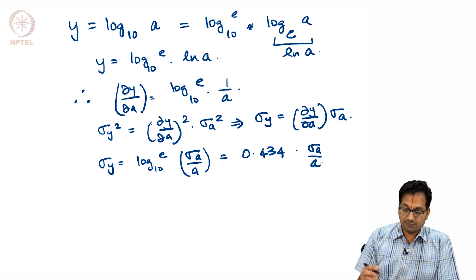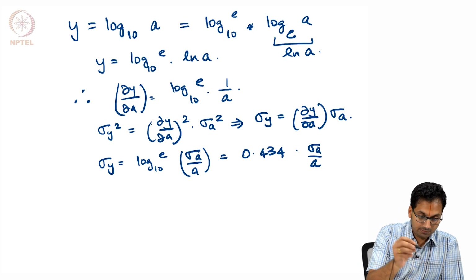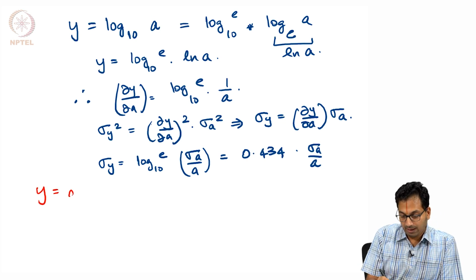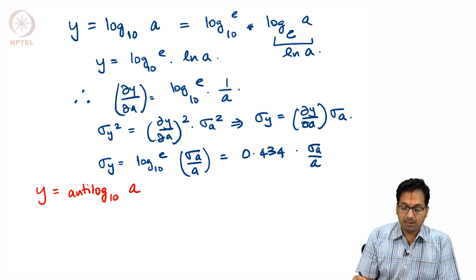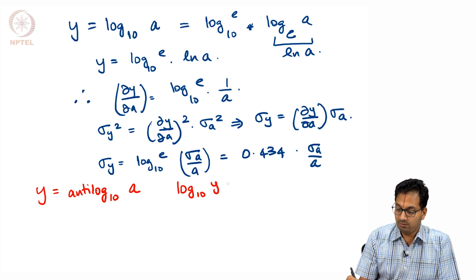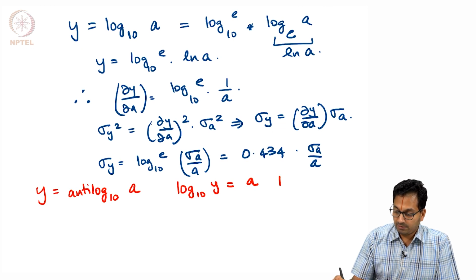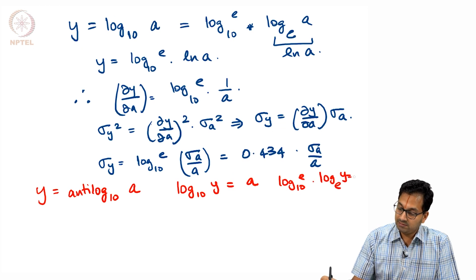A similar exercise was given to you, which is y equal to anti-log to the base 10 of a. In this problem, one can imagine, let us say we take a logarithm on both sides. Log y to the base 10 will be equal to a, and this also implies log e to the base 10 times log y to the base e is equal to a.